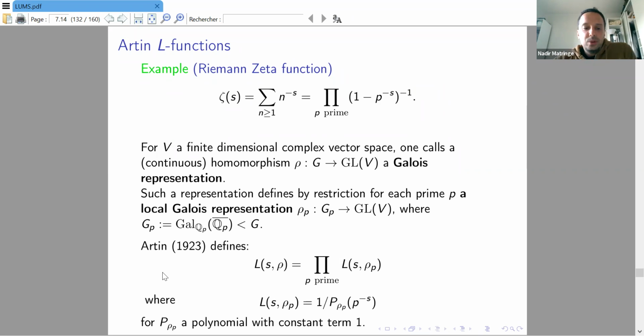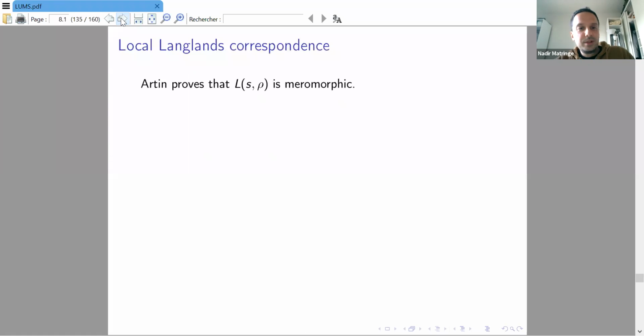Okay, so the precise definition of this local polynomial, I will not give it, but roughly an Artin L function is defined as an infinite product which is convergent in some right half plane of the complex plane. And in fact, Artin was able to prove, it's a non-trivial result, that L(s, rho) is a meromorphic function, just like the Riemann zeta function.